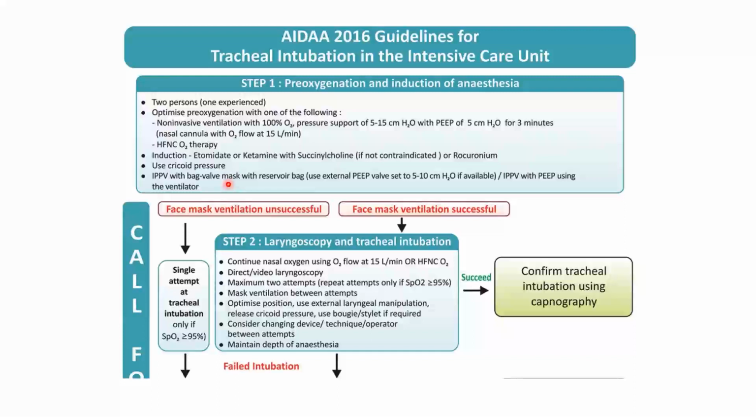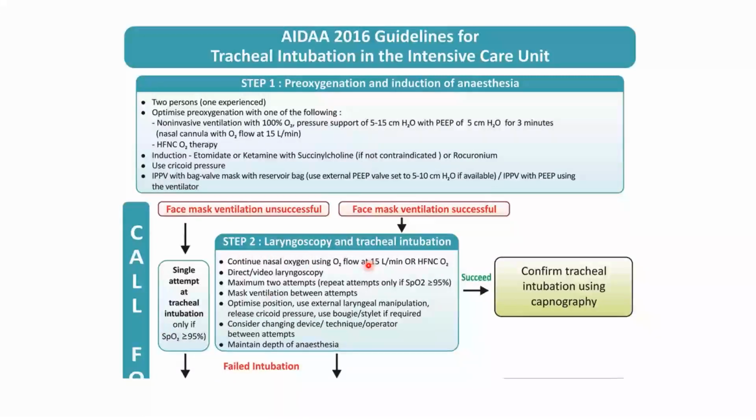If the patient is on NIV, you can continue as per the settings, or even HFNC, which will have some apneic oxygenation benefits also. Or you can use the bag and mask. If the attempt is successful, it's okay.